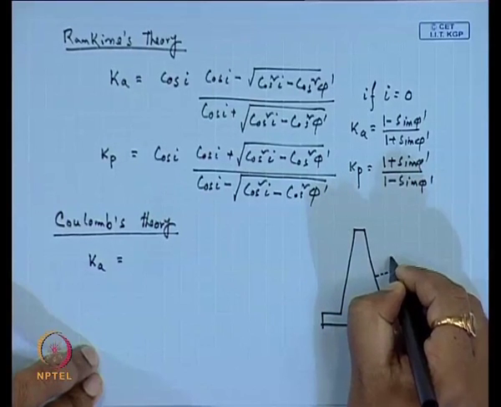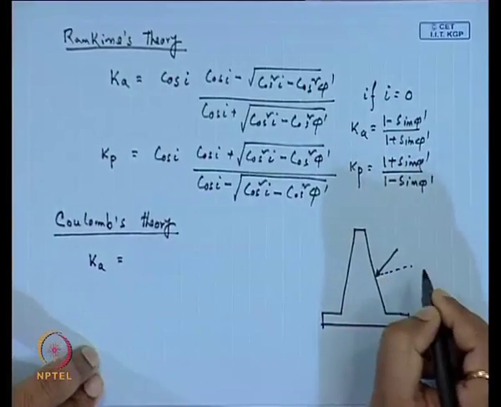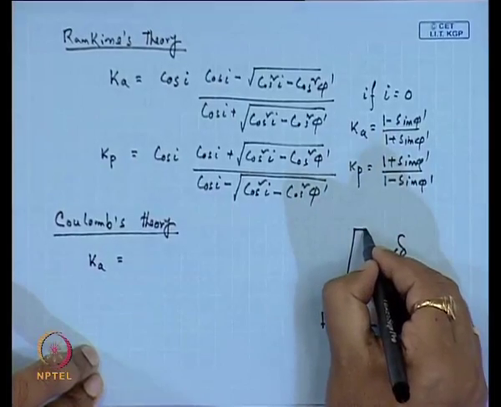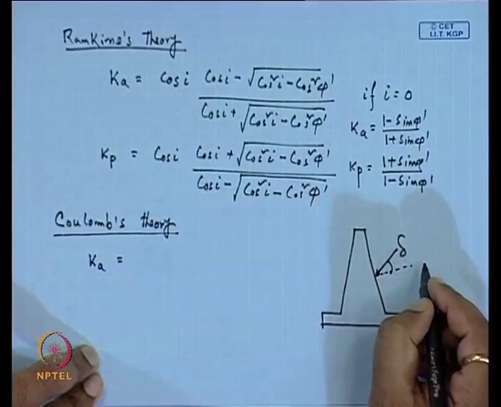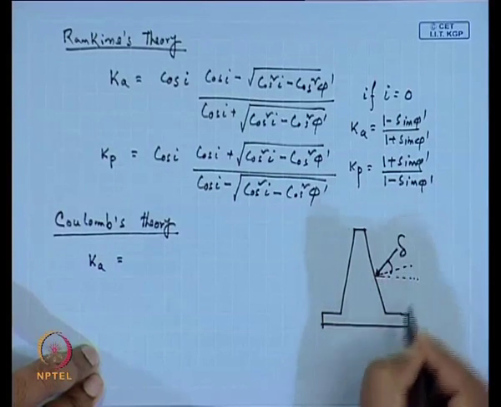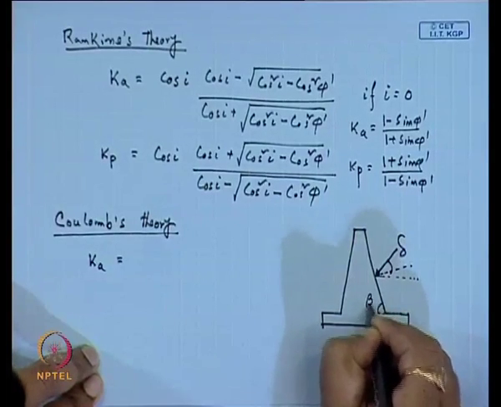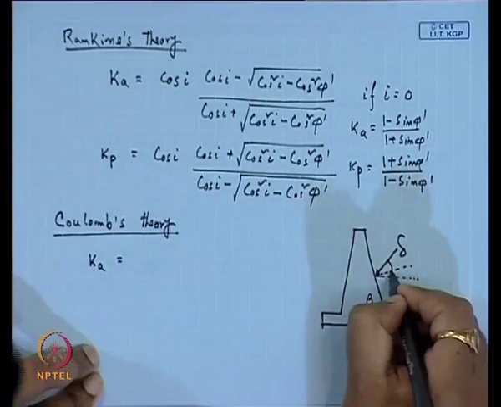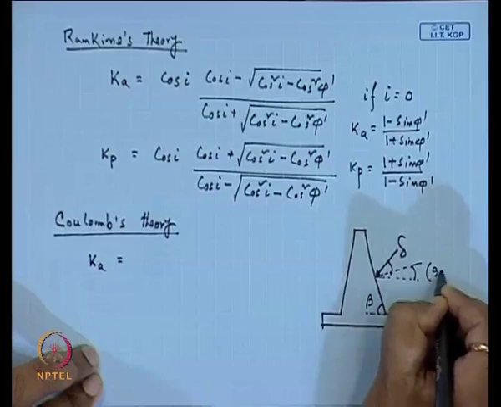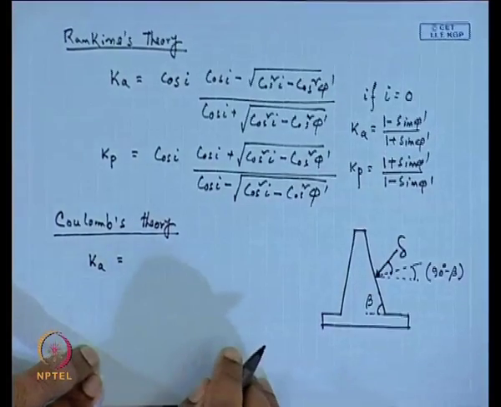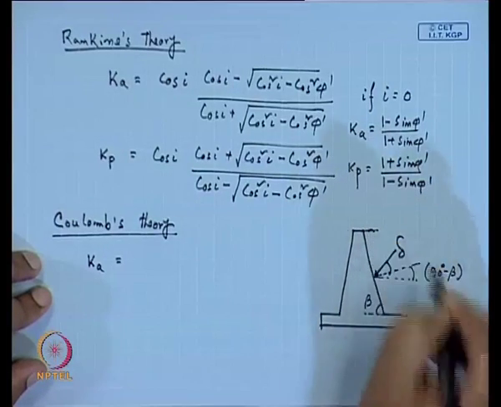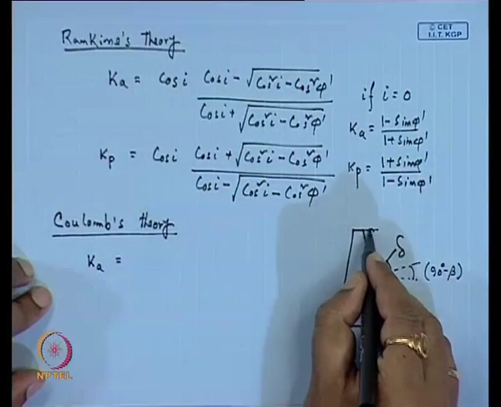We draw a perpendicular line, and the force acts at an angle delta. This is our horizontal line, and if this angle is beta, this force acts at delta with the horizontal line, and this angle will be 90 degrees minus beta.